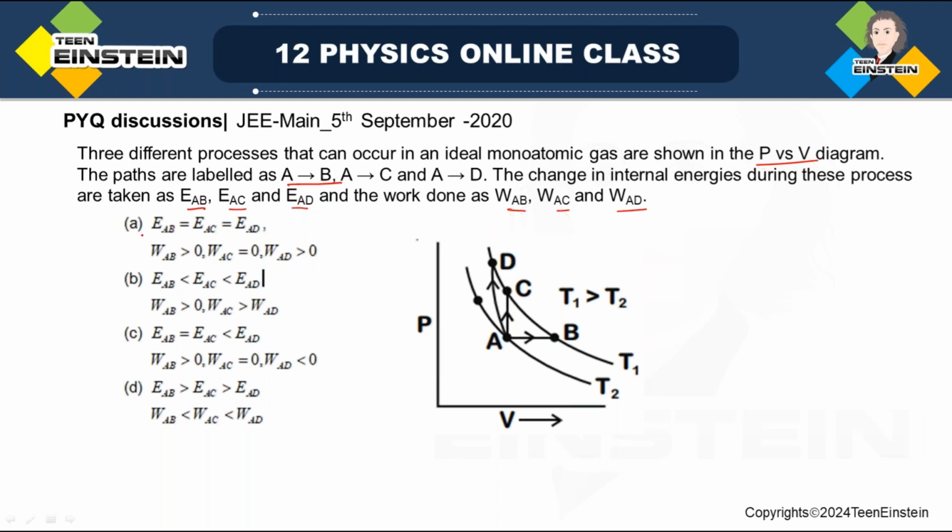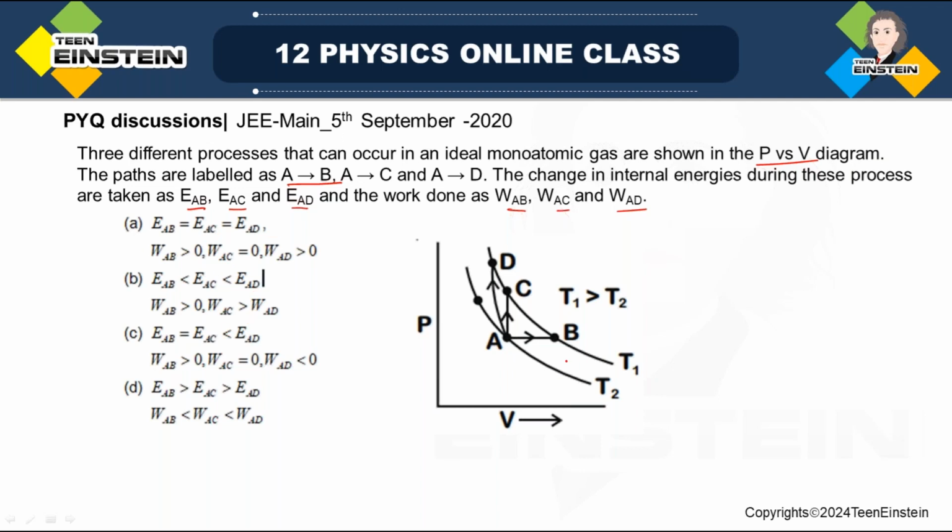Now you have to find out the relations between the energies, and the work done. Like, what will be the option given in the question? Okay, what will be the correct answer from this option? We have to find out that.